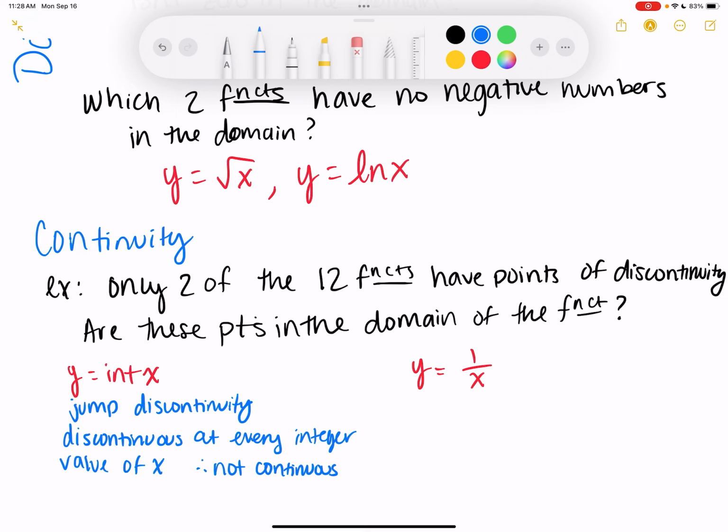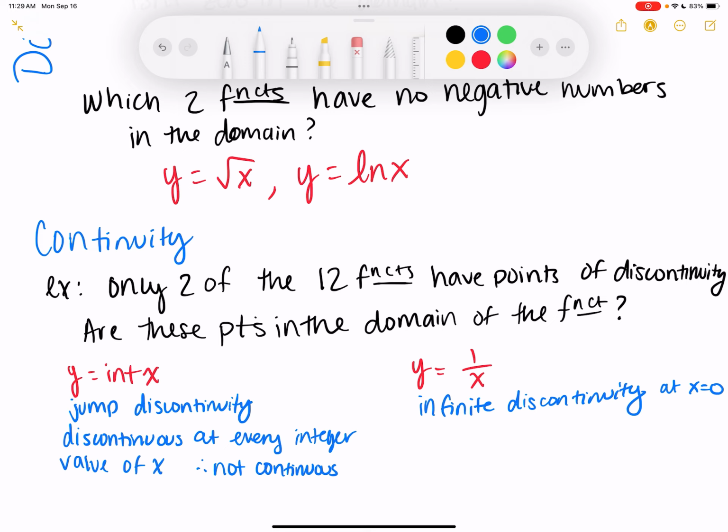The 1 over x one, this is an infinite discontinuity, so basically if there is an asymptote, it's going to be an infinite discontinuity, specifically a vertical asymptote. And that is at x equals 0 because that's the value that makes that undefined.